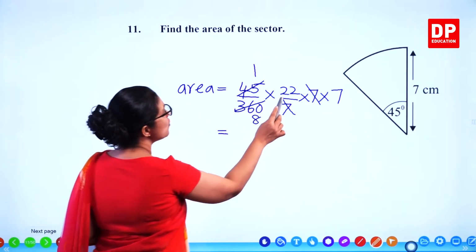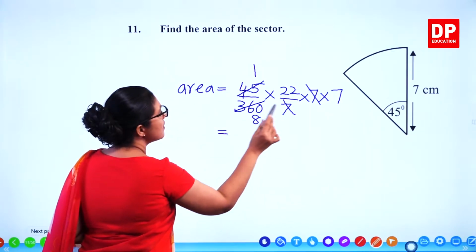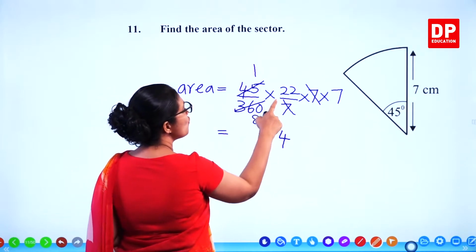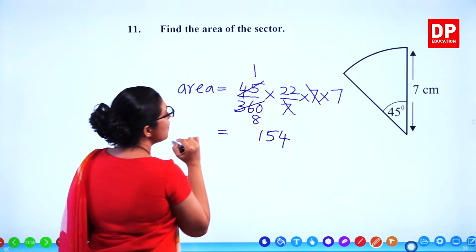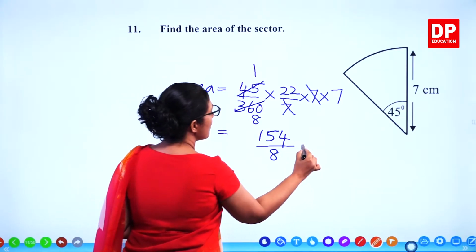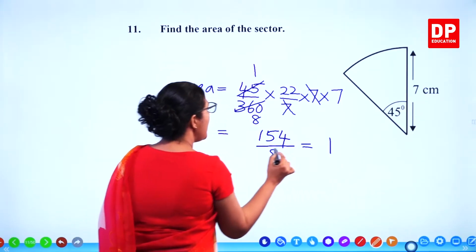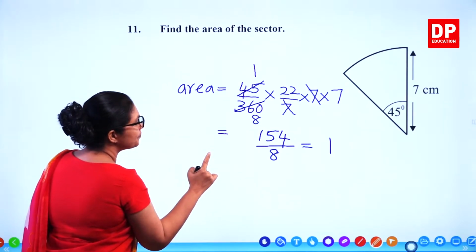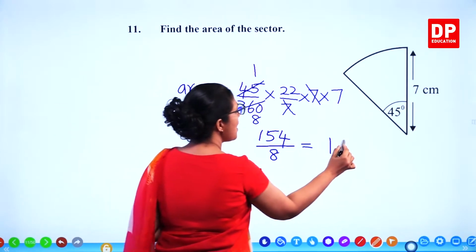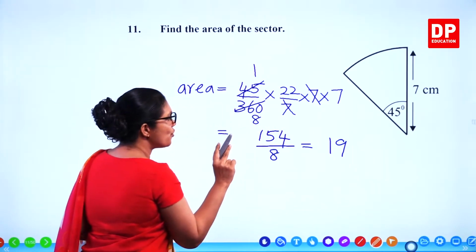Now multiply 22 and 7. 7 times 2, 14. 1 remaining. 7 times 2, 14 plus 1, 15. So divide by 8. So what's that? 8 times 1, 8. You get 7. 74. 8 times 9, 72. So 2 remaining.